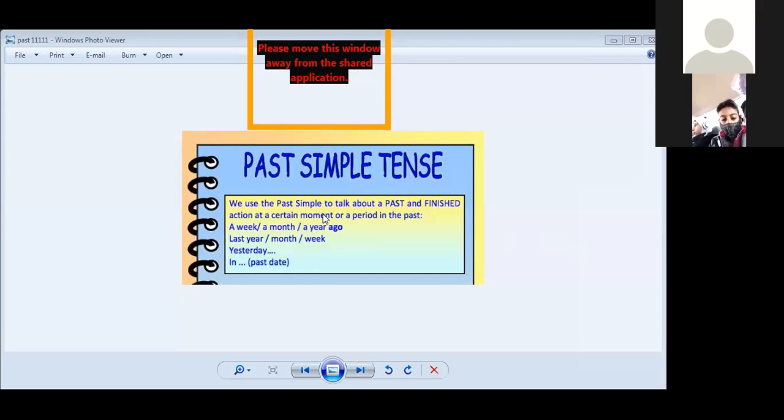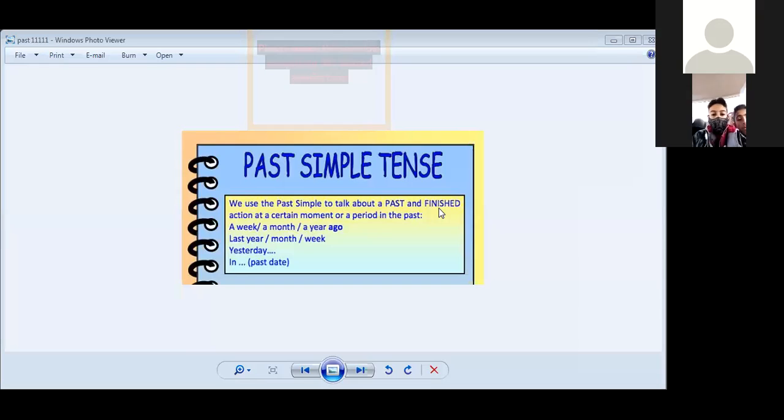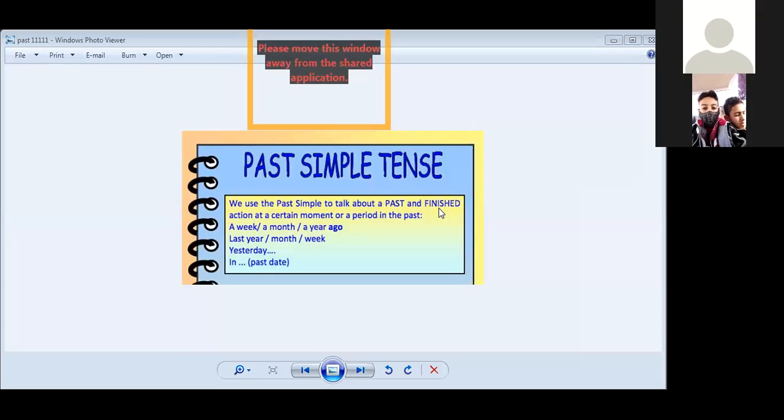We use simple past to talk about a past and finished action at a certain moment or a period in the past, to talk about something that happened in the past, okay?